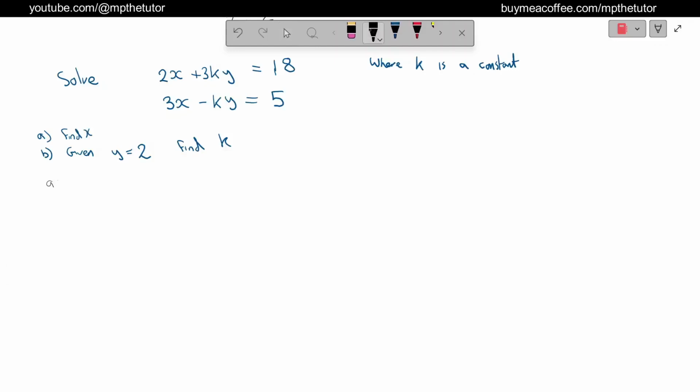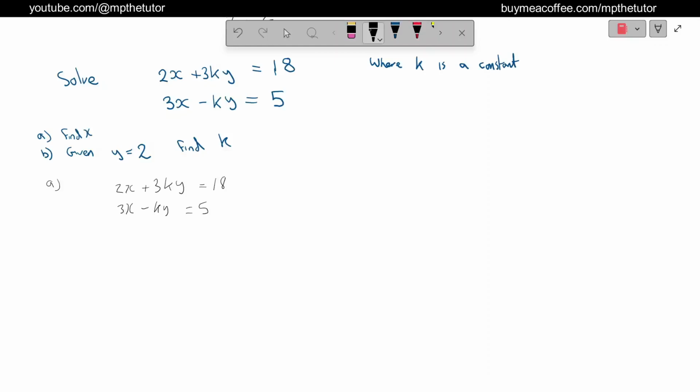So A. Well, what we need to do is get rid of our ky's. So we're going to go down the route of the first method of basically making one of the variables the same. So we have our 2x plus 3ky equals 18, and our 3x minus ky equals 5.